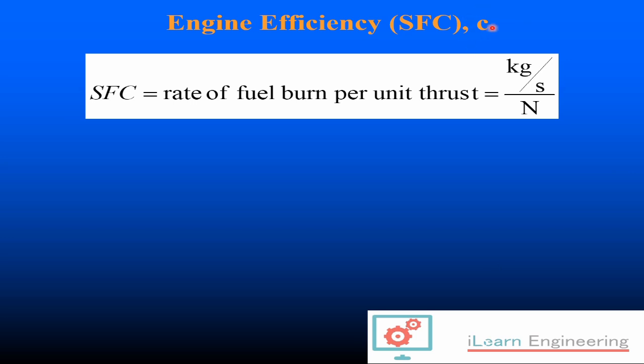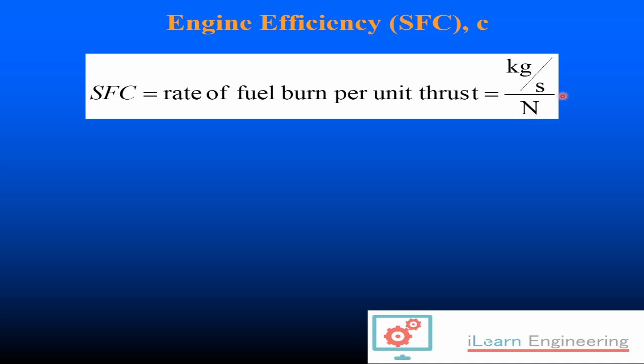It is defined as the rate of fuel burn per unit thrust. So the rate of fuel burn is going to be this bit here, kilograms per second. That's how fast you are burning your fuel per second. And then that number is divided by the thrust. So here, newtons is the units of thrust.